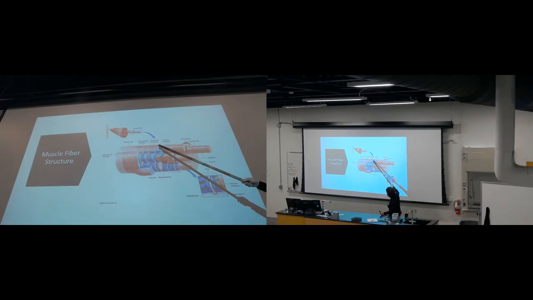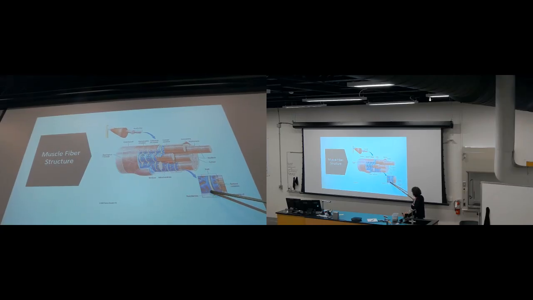Now the sarcolemma extends deeply into this muscle cell, in the cytoplasm, and it forms this T-tubule, transverse tubule. And on the sides of the transverse tubule, if you magnify this part, you have this widening of the sarcoplasmic reticulum.